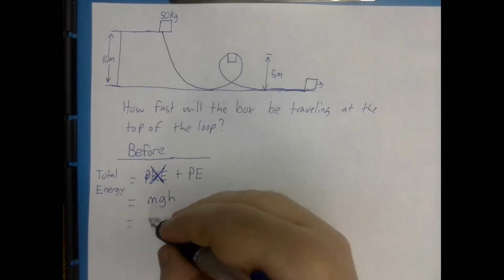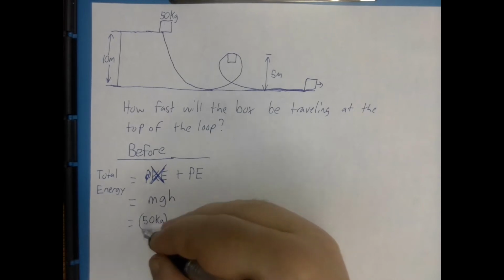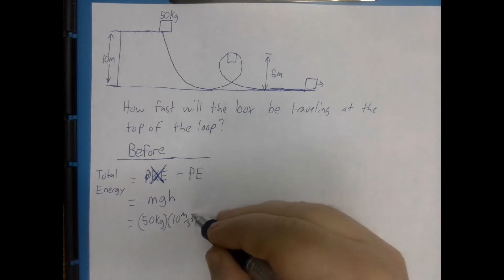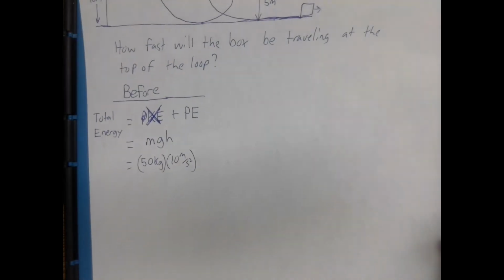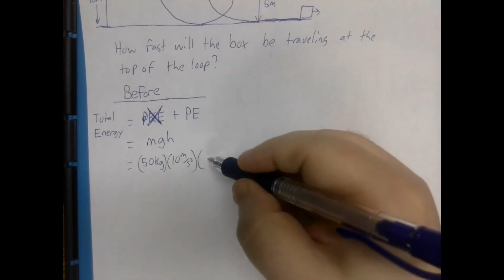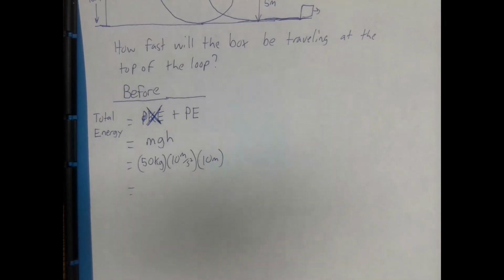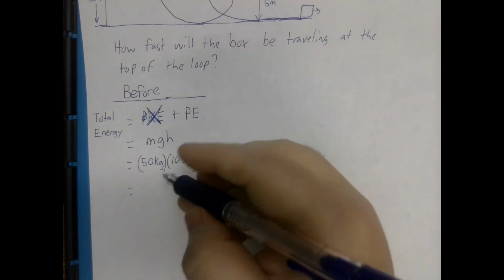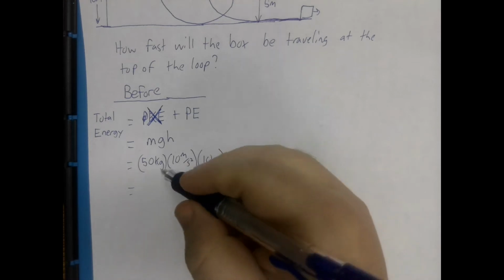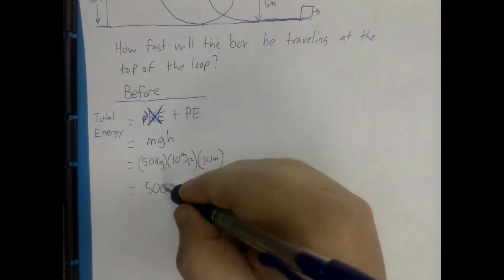So what's this mass? Mass is 50 kilograms. G, we'll assume, is 10 meters per second squared. We're on Earth. And what is this height? 10 meters. So its total energy beforehand: 50 times 10 times 10. So 100 times 50. So that's 5,000 joules of energy.